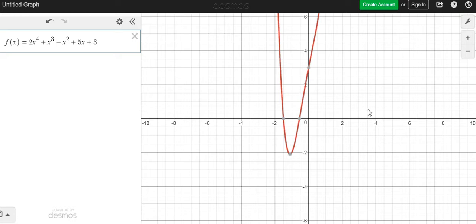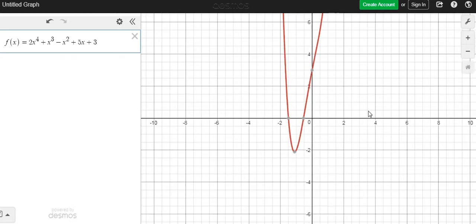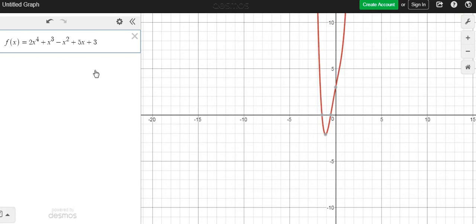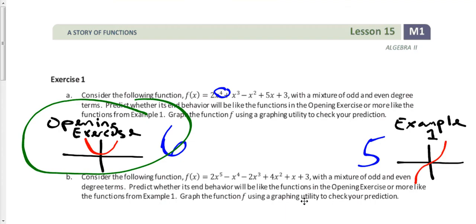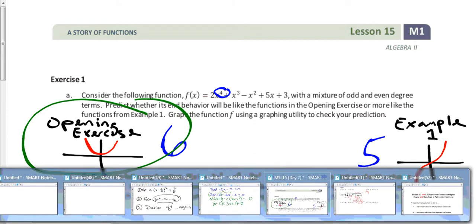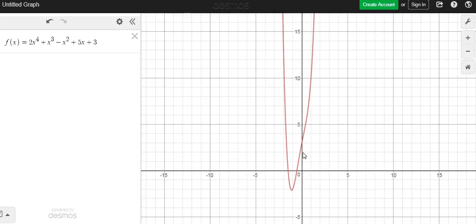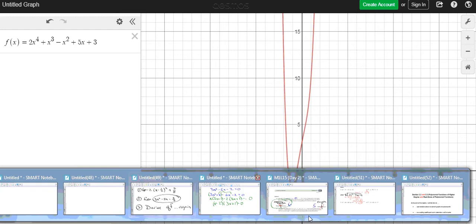Okay. So here is my function. Does it look more like the graph on the left or the graph on the right? The left. The left. See? It looks more like the graph on the left.